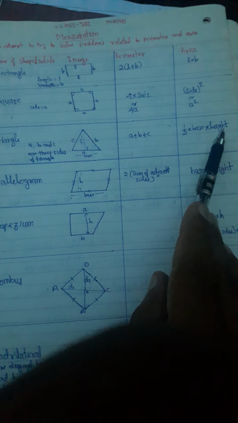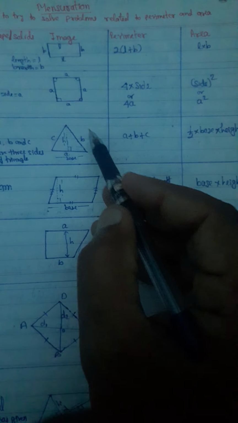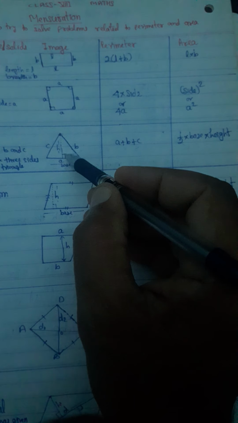Height means the perpendicular height. Look at this figure. This A, B and C are the sides. From any vertex, you draw a perpendicular line to the opposite side, that is known as the height.